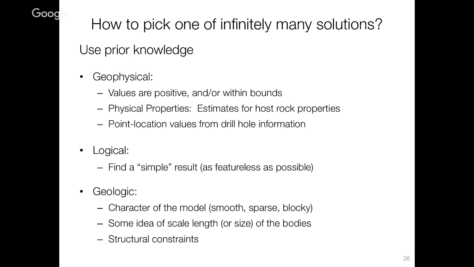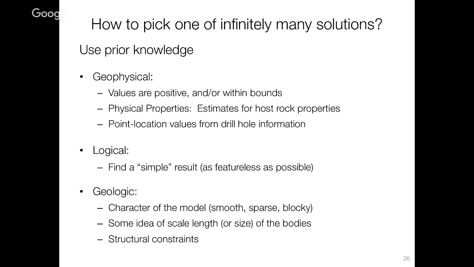The other is more of a structural, a kind of philosophical idea about what you want to get. I mean, you obviously have the choice of making something that's complicated, or you could make it something that's simple.